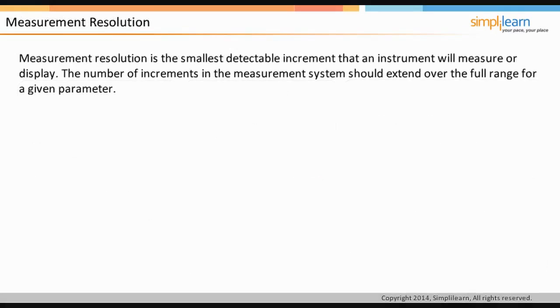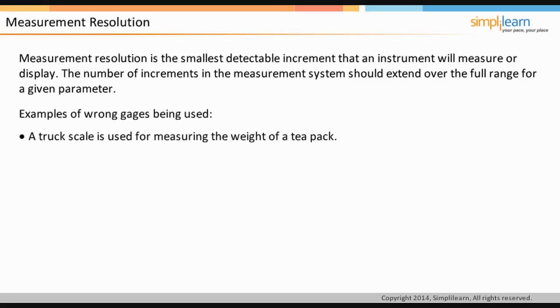Measurement resolution is the smallest detectable increment that an instrument will measure or display. The number of increments in the measurement system should extend over the full range for a given parameter. Some examples of wrong gauges or incorrect measurement resolution are given here. A truck weighing scale is used for measuring the weight of a T-pack.